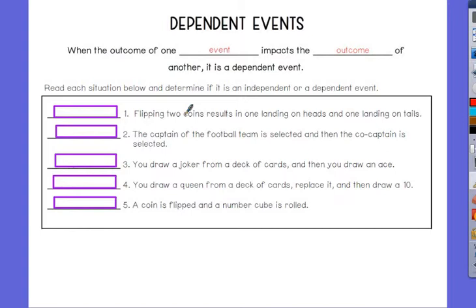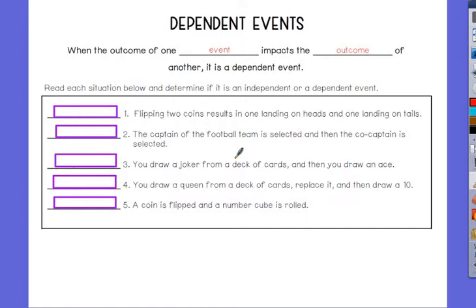All right, so we're going to read through these scenarios and determine if they're independent or dependent. It says flipping 2 coins results in one landing on heads and one landing on tails. Well, at the football game, they'll flip a coin.